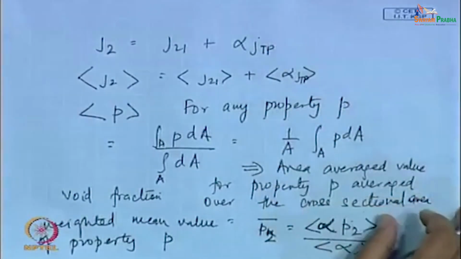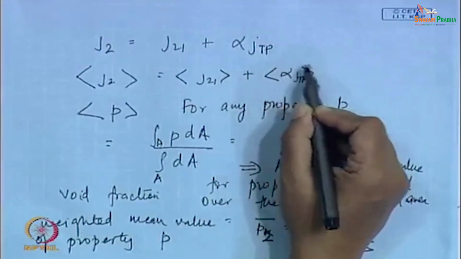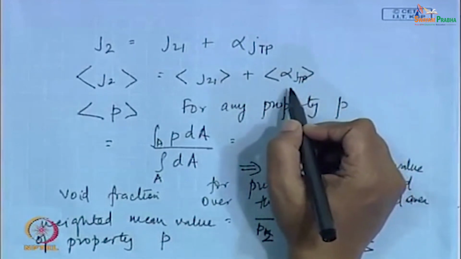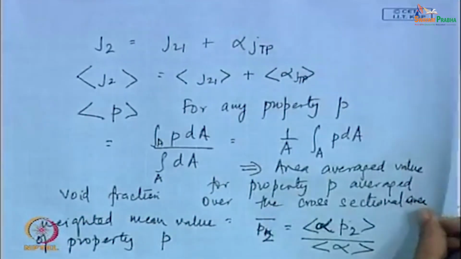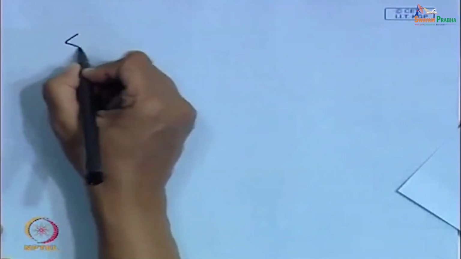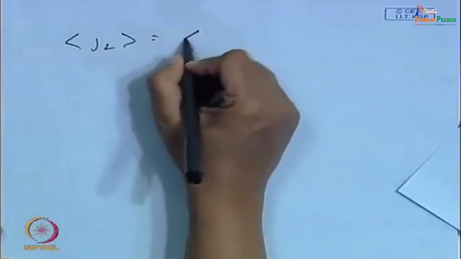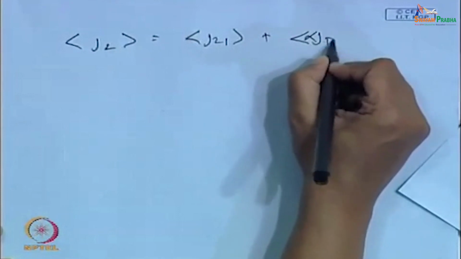So, a simplified approach is that we can replace this by some other easily measurable or input parameters. Now, how to do this? Certain things that I have told you, this needs to be replaced. Now, if I write down the equation once more, J21 plus alpha JTp.